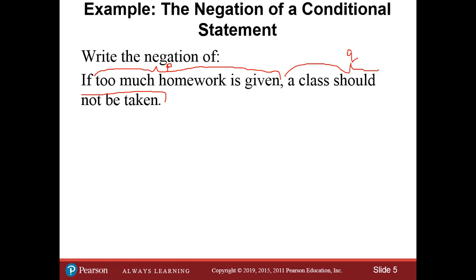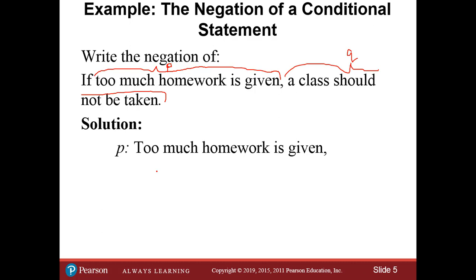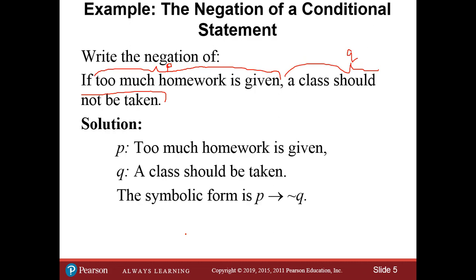So if P, then Q. Write the negation of this statement. So how do we do that? Well, P, again, is too much work is given. Q, a class should be taken. And so symbolically, that means this.